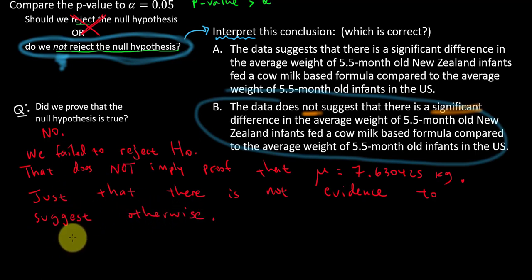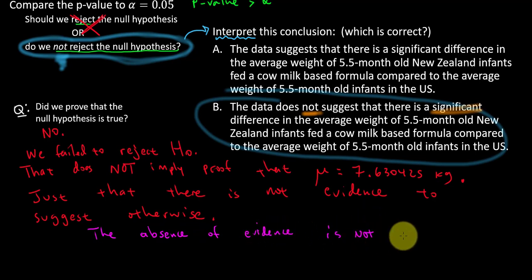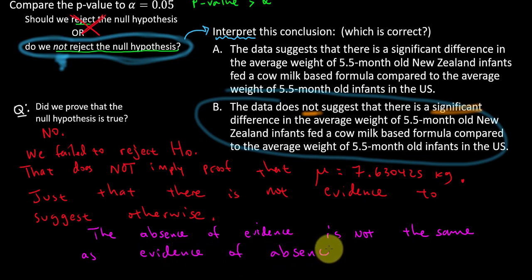Another possible way that you may consider this is the old phrase where the absence of evidence is not the same as evidence of absence. You may have heard of this.